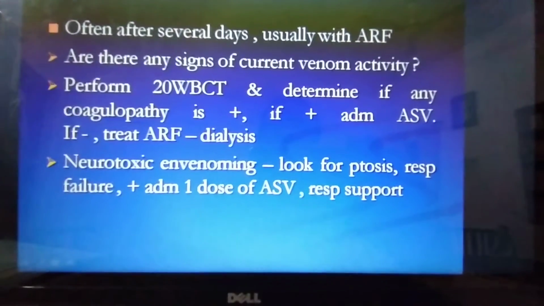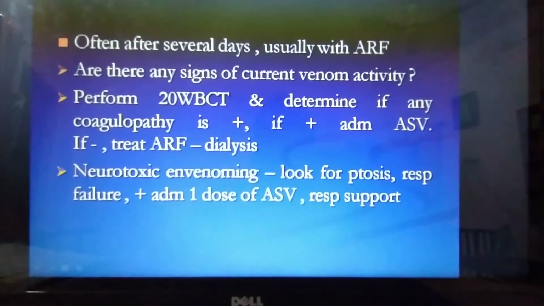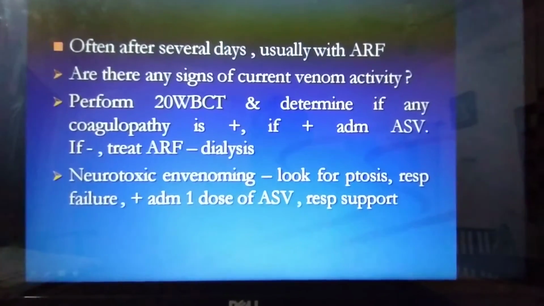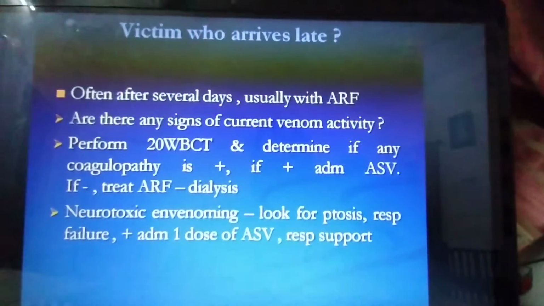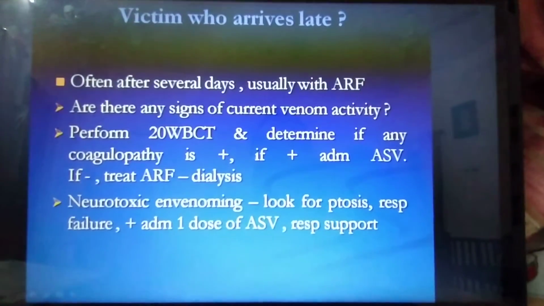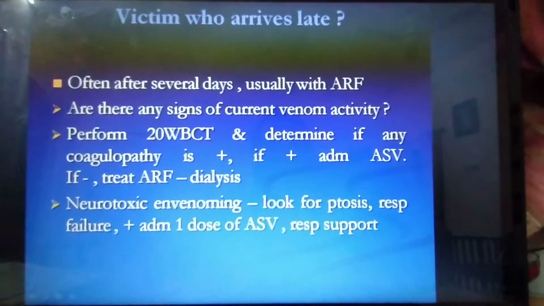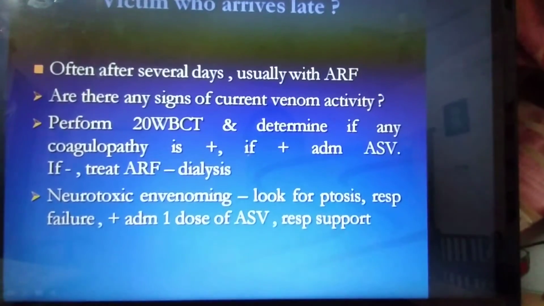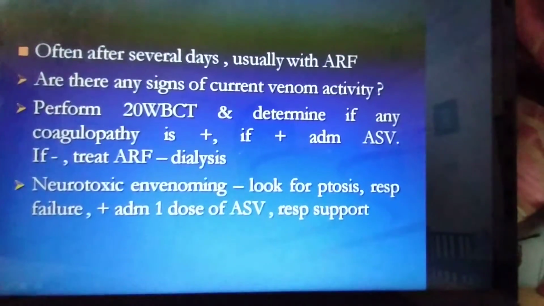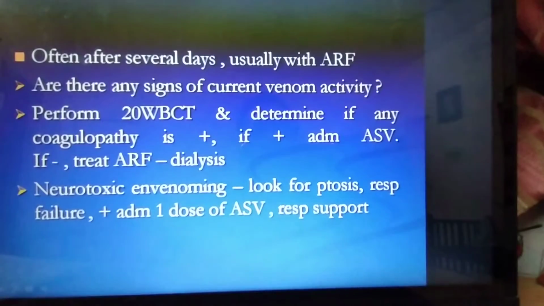Suppose a patient comes after several days, a victim who has arrived late. In such cases they usually have acute renal failure. Check whether there are any signs of current venom activity.